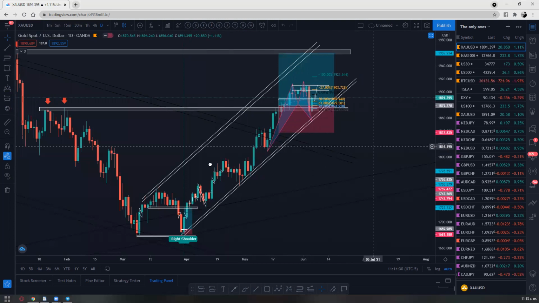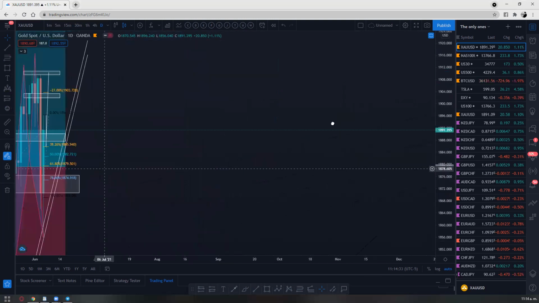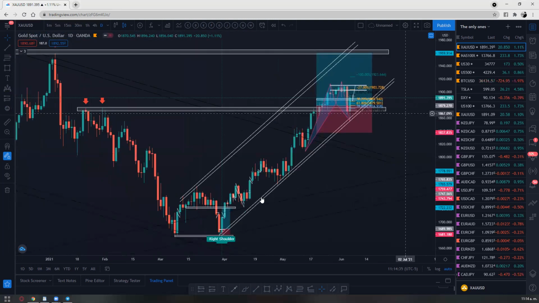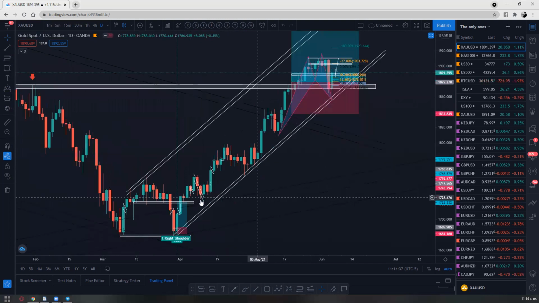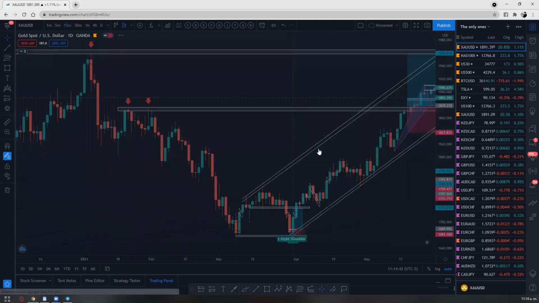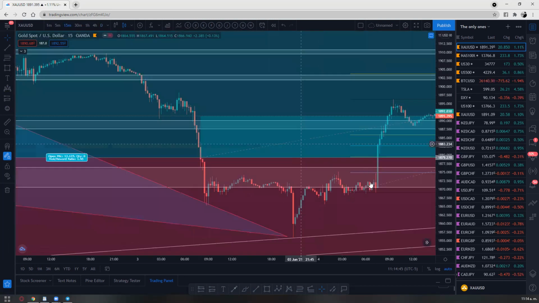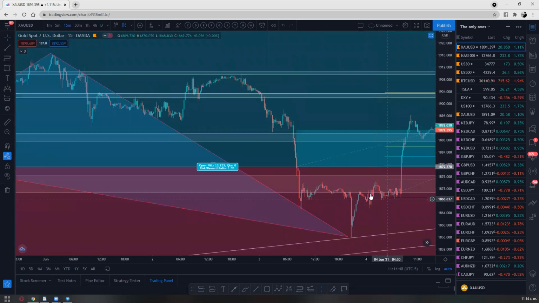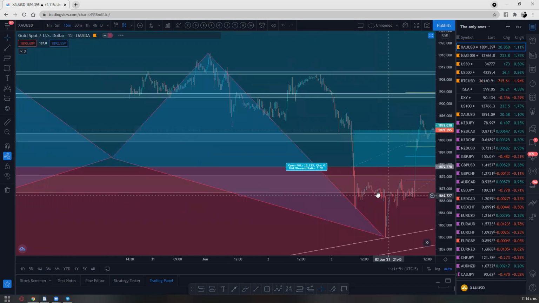Oh no, I deleted that. But yeah, consolidation patterns, flag patterns. Let me show you. So these types of patterns happen all the time. The head and shoulders happens all the time.